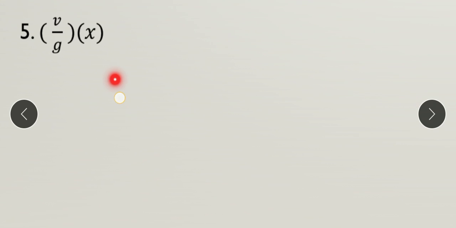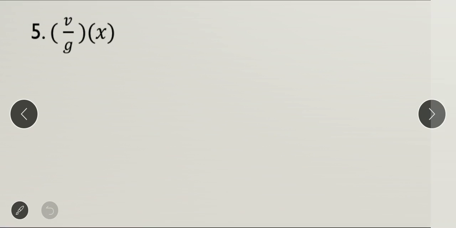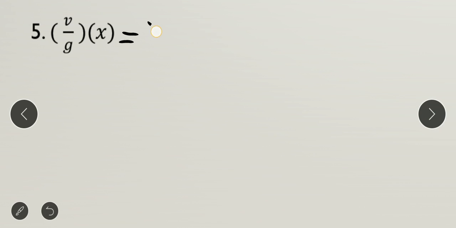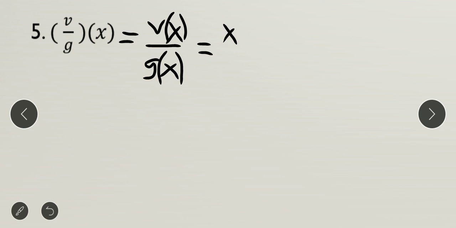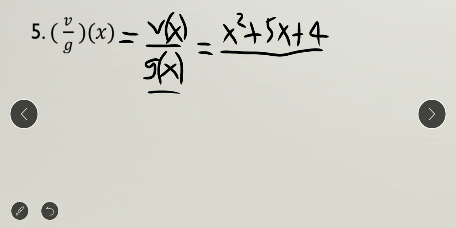So first thing to do is to write the corresponding formula, which is v of x over g of x. But what is v of x? According to the given function, this is equal to x squared plus 5x plus 4 over, what is g of x?